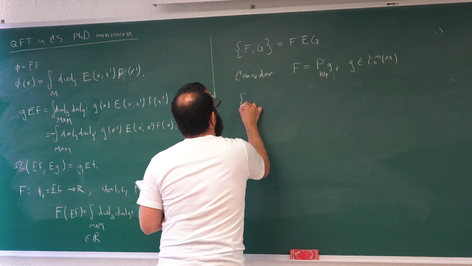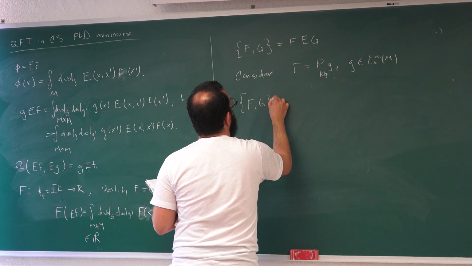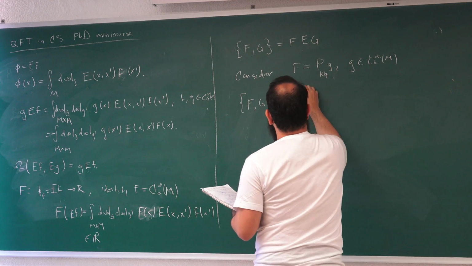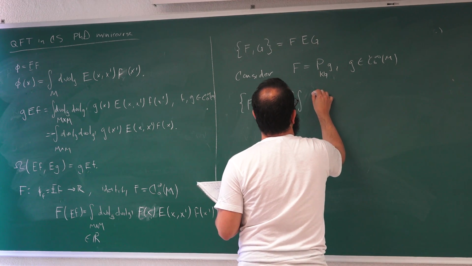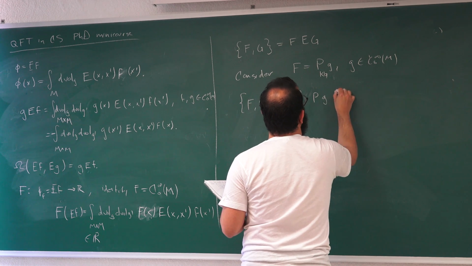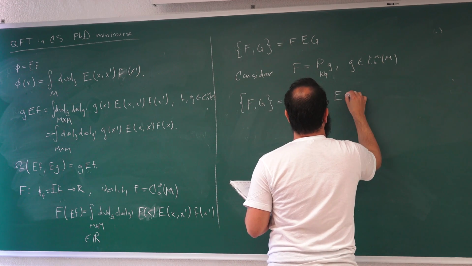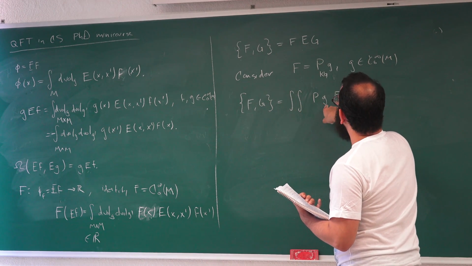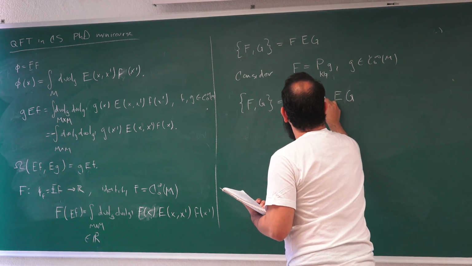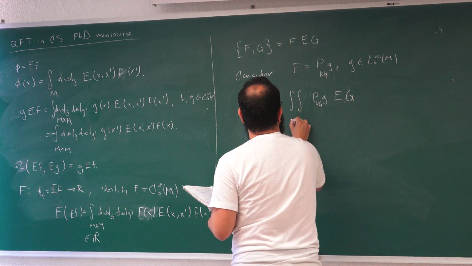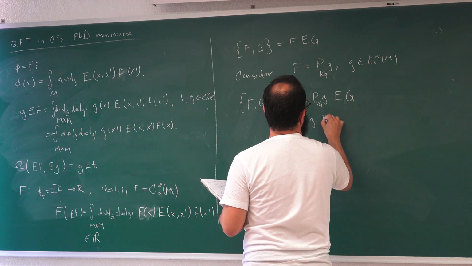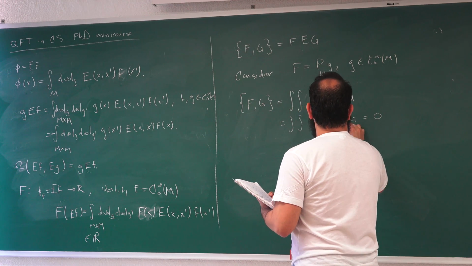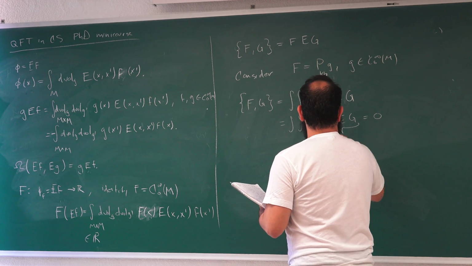If I write this as a double integral, ignoring the measure and all that, with f equal to P g, I integrate by parts twice, and I get g times P applied to E g, which is equal to 0, because this is the field equation. This is the Klein-Gordon equation.